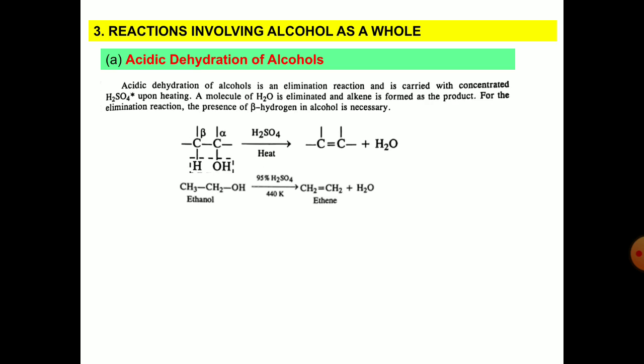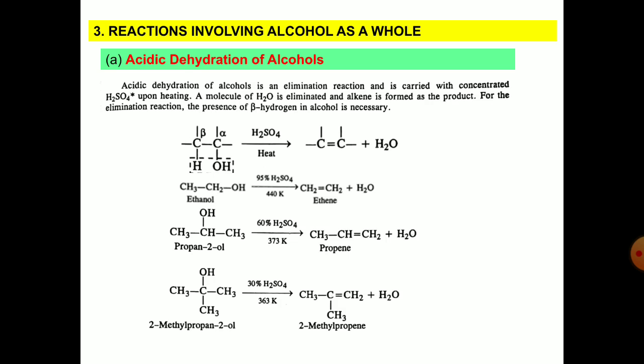So here 95% sulfuric acid is required. If a secondary alcohol like propan-2-ol is heated with sulfuric acid, then it requires a lesser amount of sulfuric acid, equal to 60%, and the temperature is also lowered, equal to 373 Kelvin. So what is produced? CH3CH=CH2, propene, is formed plus water.